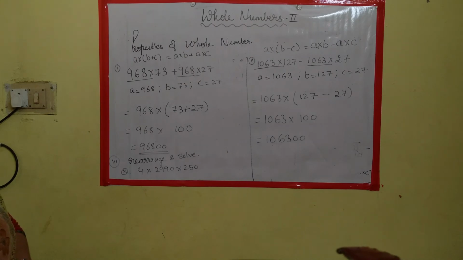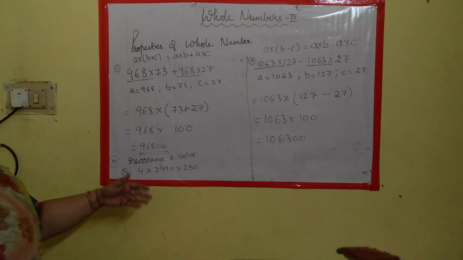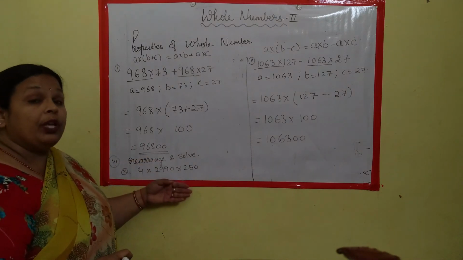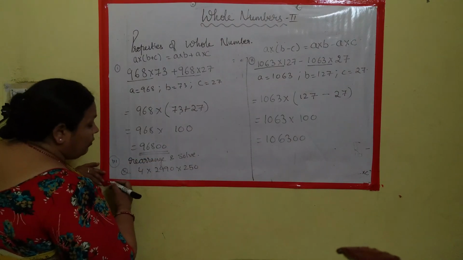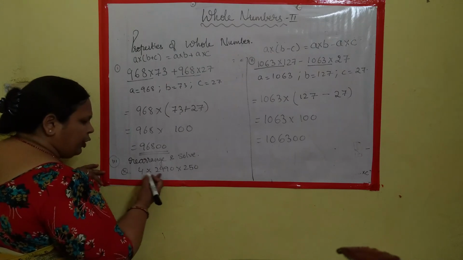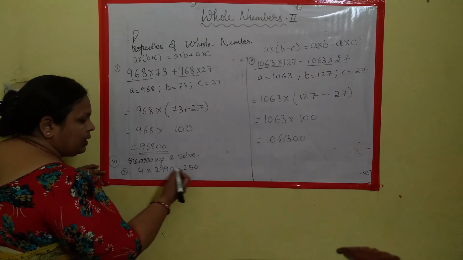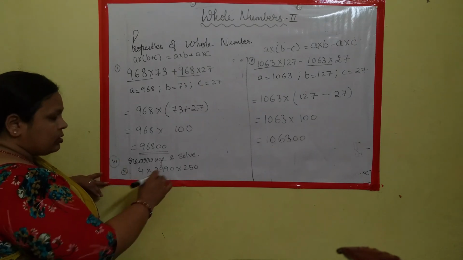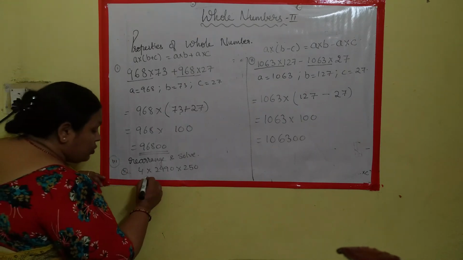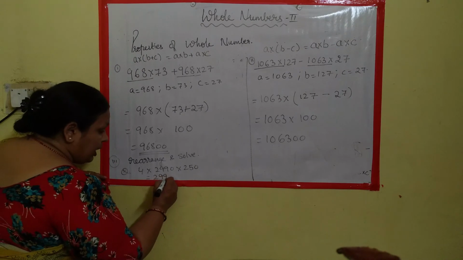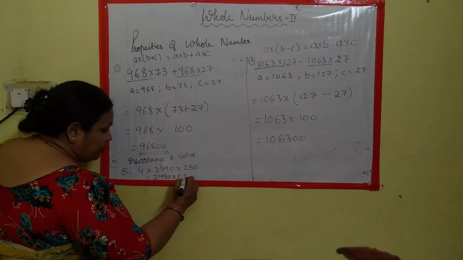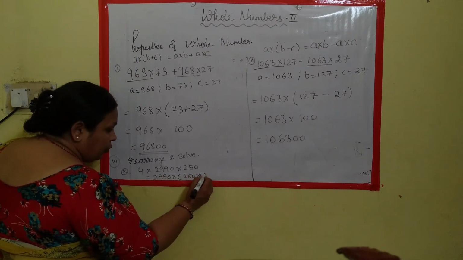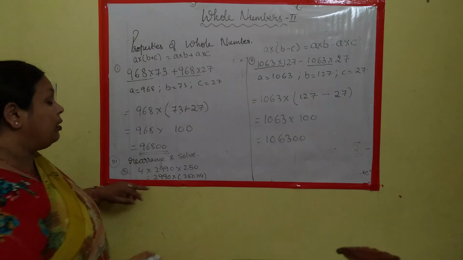No, not the associative law. Yes, exactly. The associative law will be used by rearranging. See, here you can multiply 4 into 2990 and then the answer into 250. But if you find something in this, the most important one is 2990, and when you multiply this by 250 into 4, we know we can change the order.